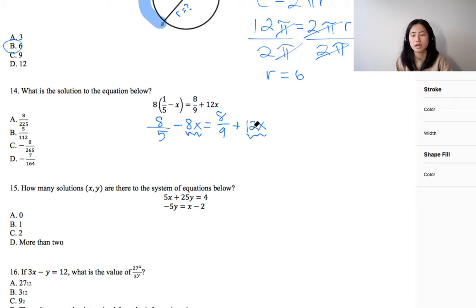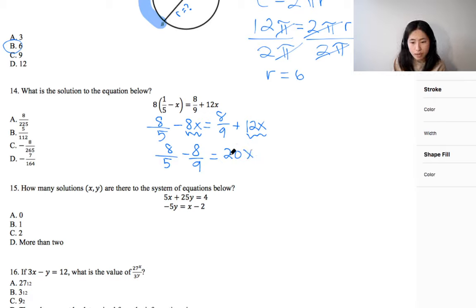So maybe we can move 8x to the opposite side of the equation, and then move 8 over 9 to the other side. So 8 over 5 minus 8 over 9 is equal to 12x plus 8x. That's 20x.